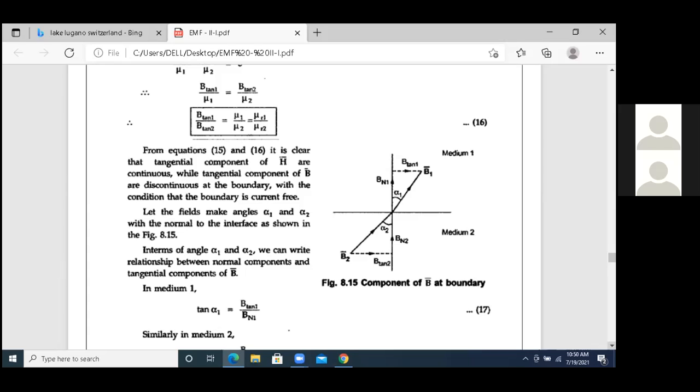So if you do the parallel with the electrostatic field, all right?